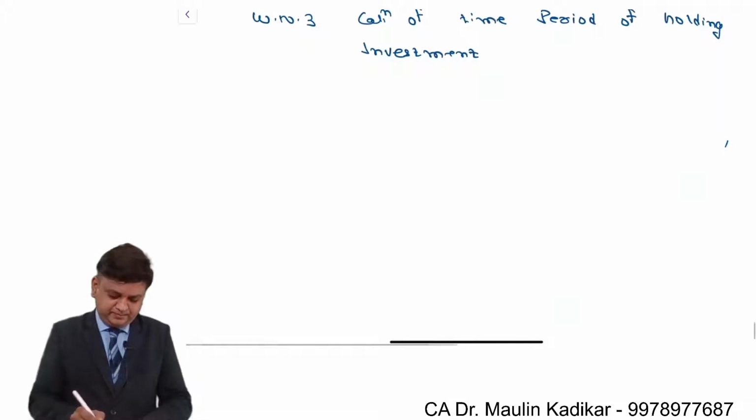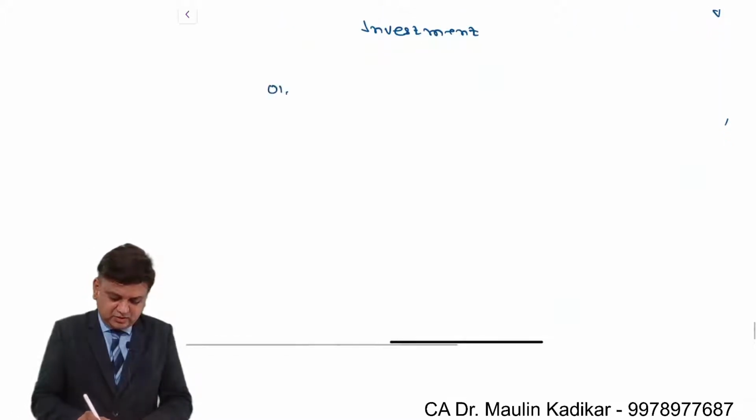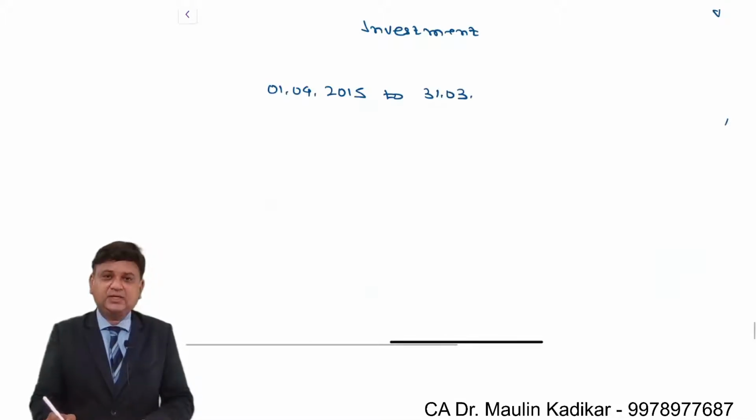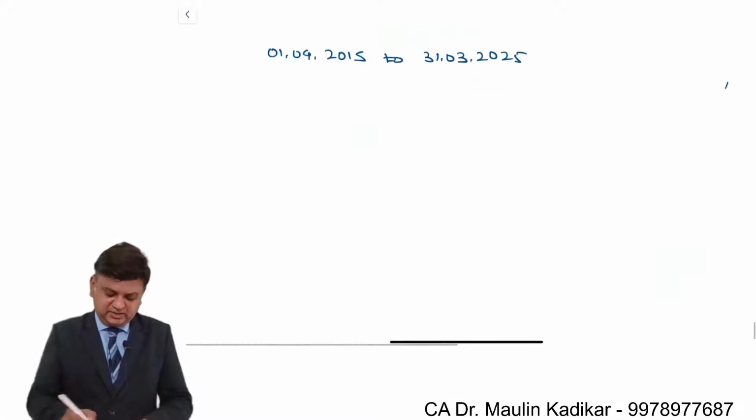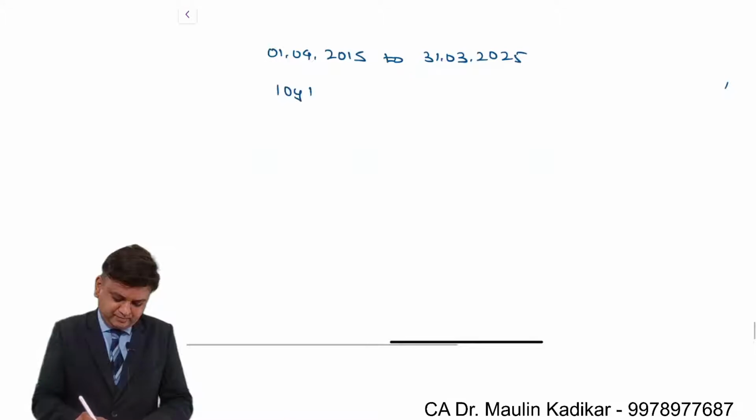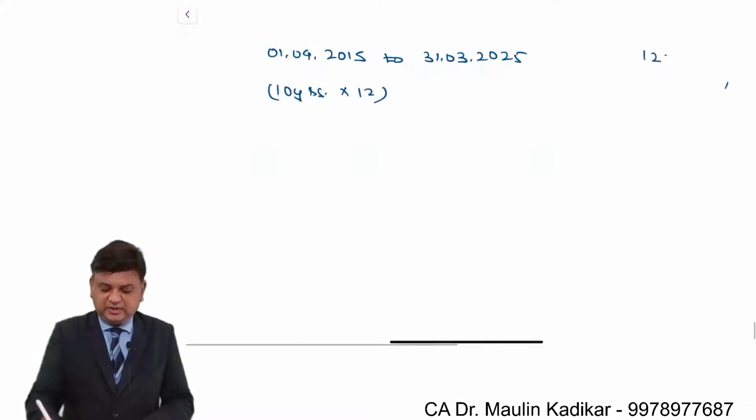That's very simple. We understand that, say, 1st of April 2015 to 31st of March, let us say 2025. So this comes to 10 years. 1 year consists of 12 months, so it is 120 months.